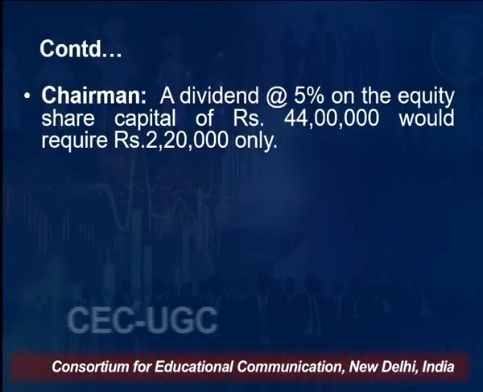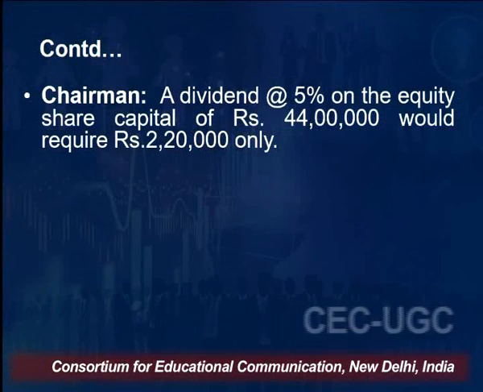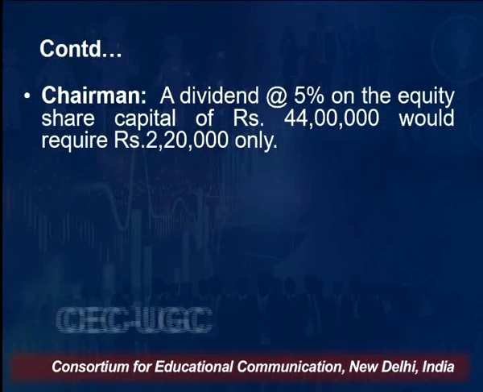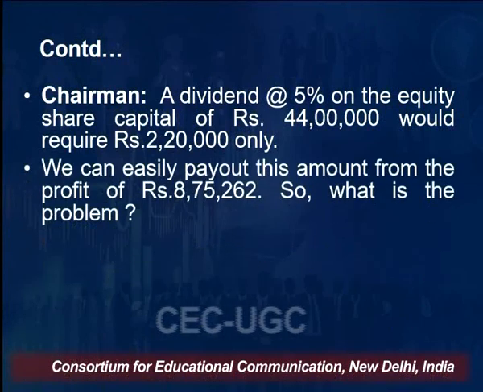Now here comes the statement of the chairman in response to that of the CFO. Chairman does some rough calculation and says that if you do the calculation of 5% dividend on equity share capital value of rupees 44 lakh, it comes to be only rupees 2,20,000.